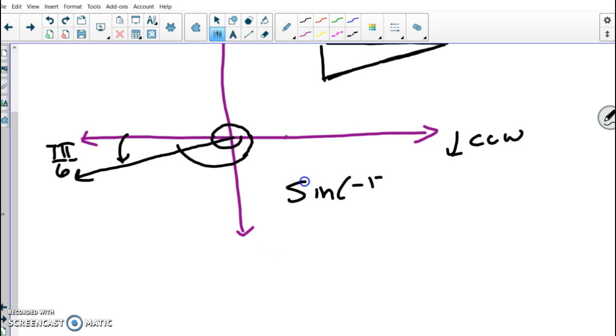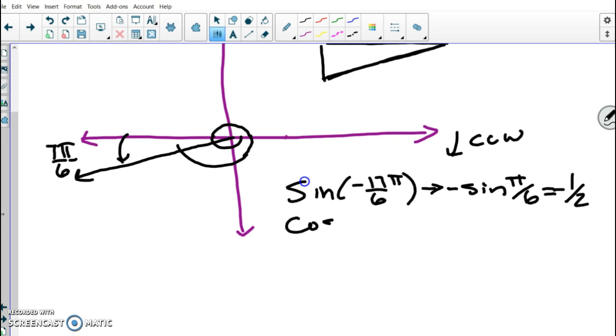So we can conclude this. The sine of negative 17/6 pi is the same as the negative sine of pi sixth, and we find on our unit circle that to be negative 1/2.